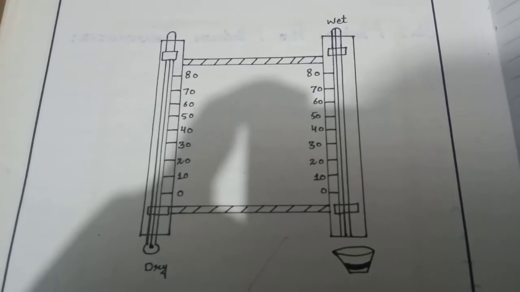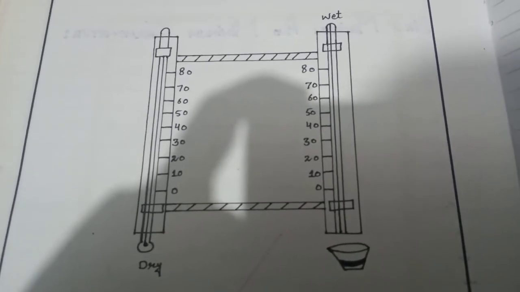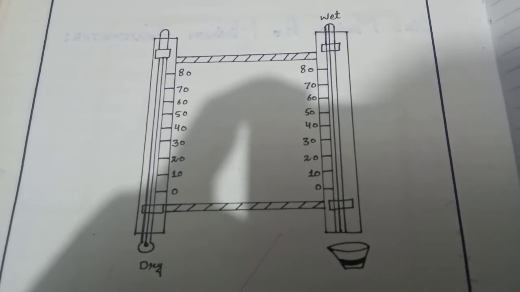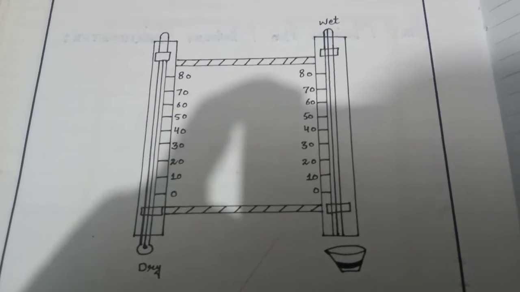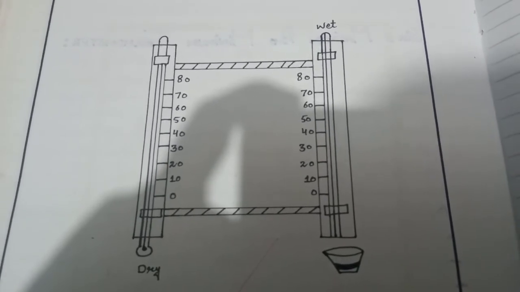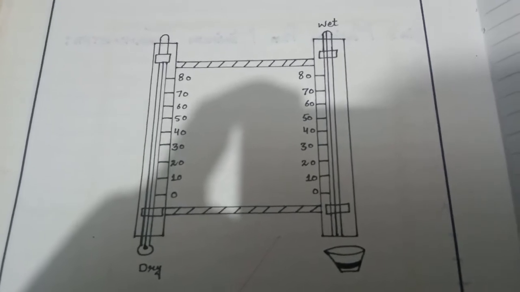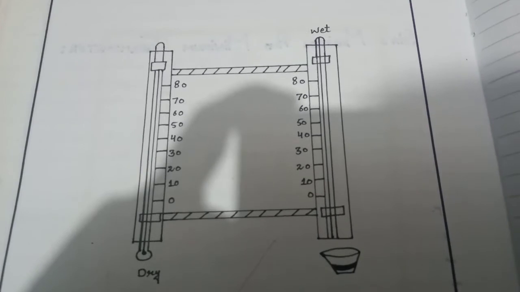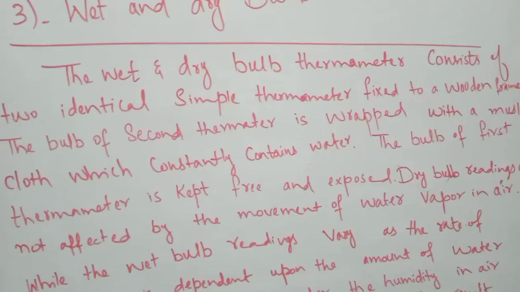Girls, this is the diagram of the wet and dry bulb thermometer, and you can see that one thermometer is attached to the dry opening and the second, wet one is attached to water. This is how it works, and both thermometers are attached to each other. So let's start the methodology and working of this thermometer.